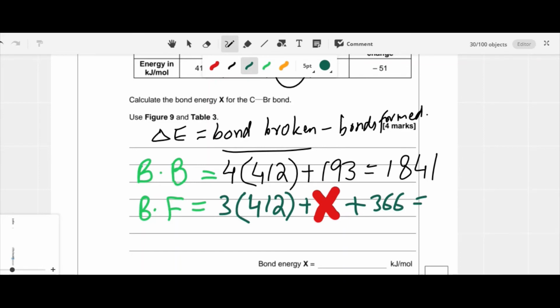When we calculate it, it equals 1602 plus X, which is the bonds formed.